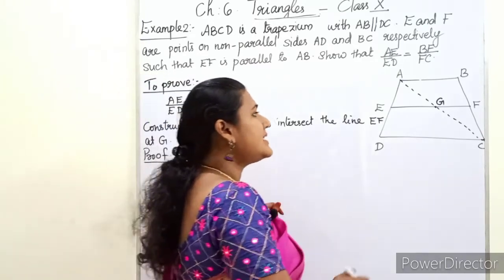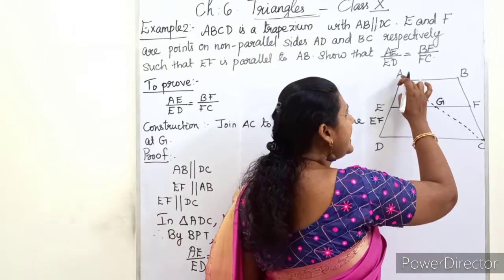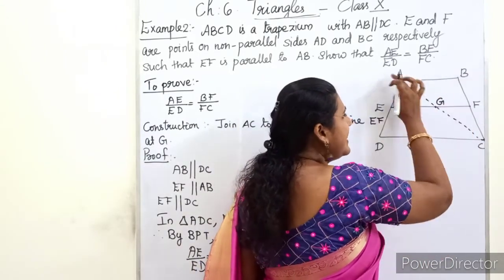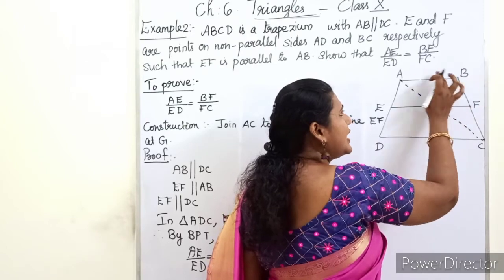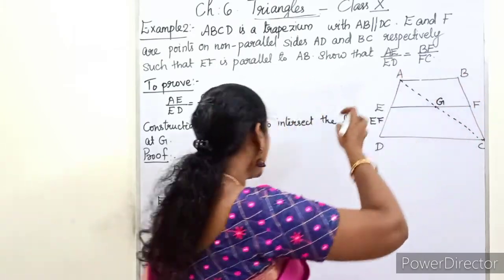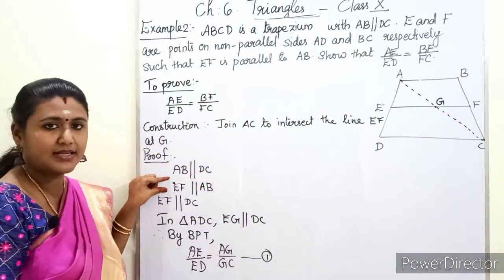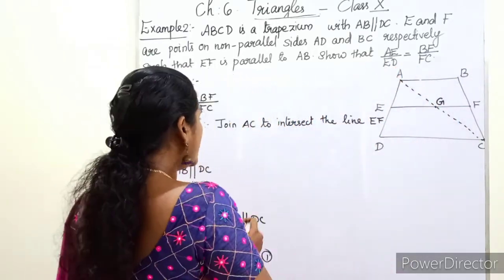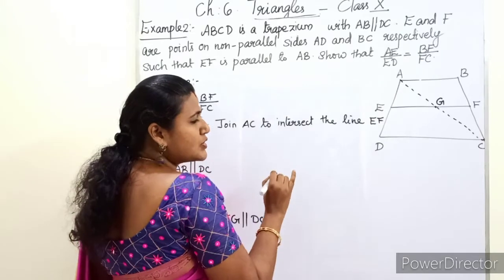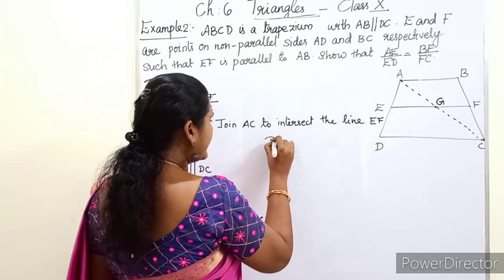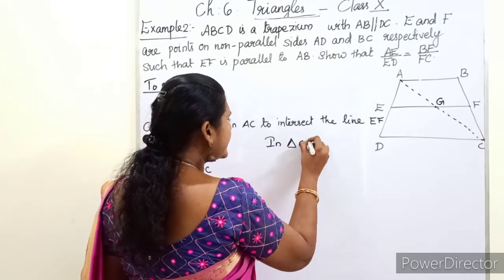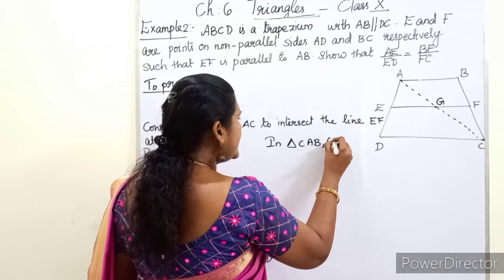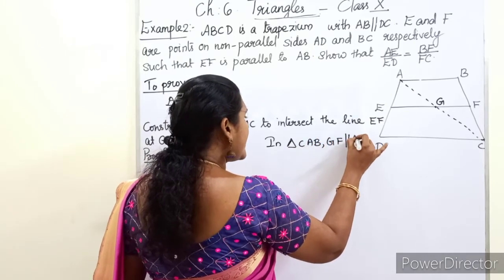Similarly, we will consider the next triangle CAB. In this CAB, GF is parallel to AB because EF is parallel to AB. Already it is given in the question. So GF is also parallel to AB. So here also we can use the basic proportionality theorem. So in triangle CAB, GF is parallel to AB.